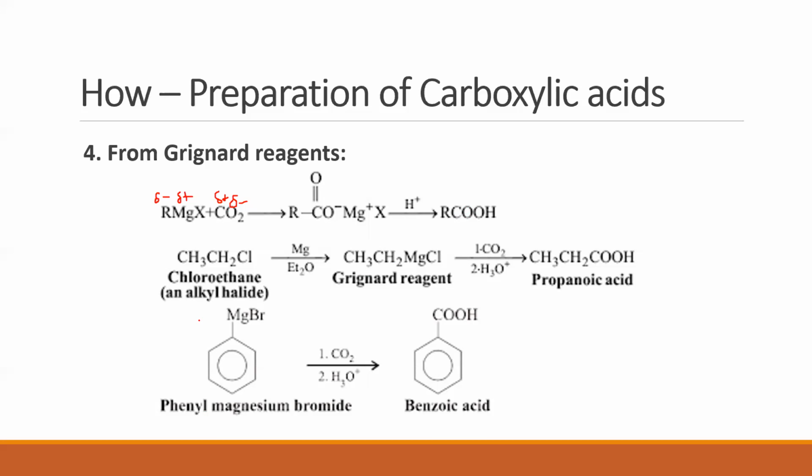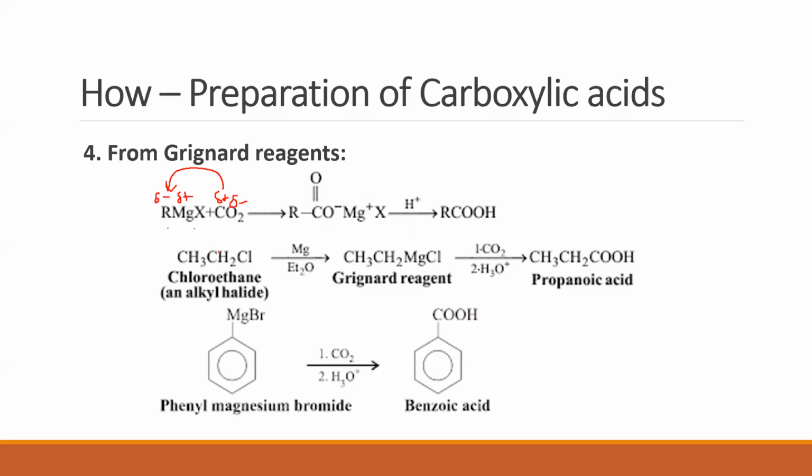Now this clearly indicates who will attack whom, or where will the carbon attack. Naturally, this carbon will attack R. Clear? It will attack R because R is negatively charged. So entire carbon dioxide gets incorporated between R and MgX.